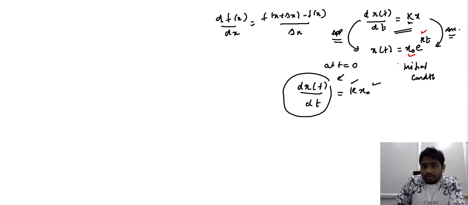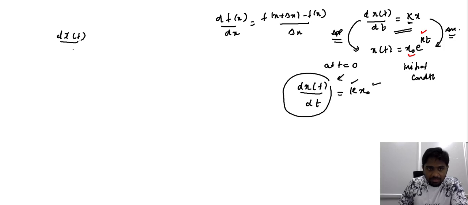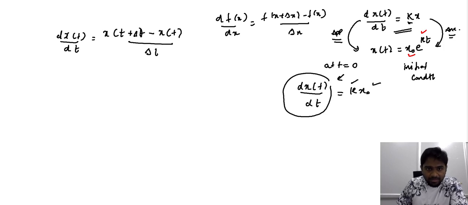Now correspondingly, when you rewrite this forward difference scheme for solving the nucleation rate, it would be d of x of t by dt. It would be something like x of t plus delta t minus x of t, divided by delta t.